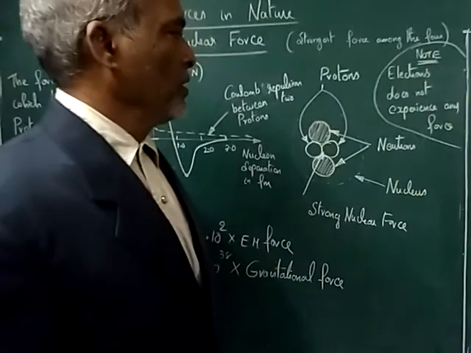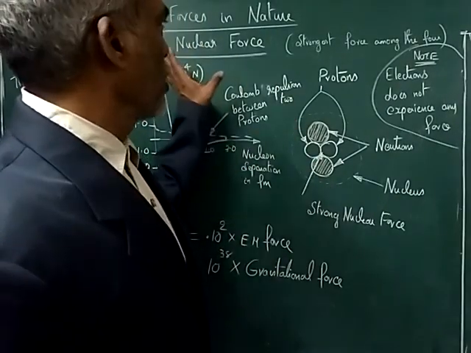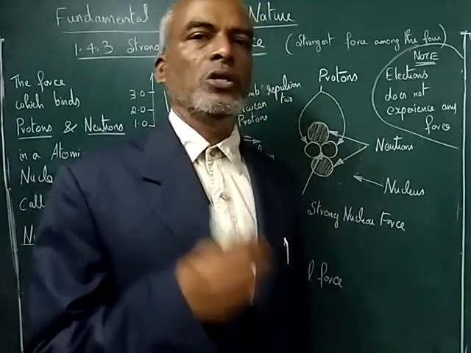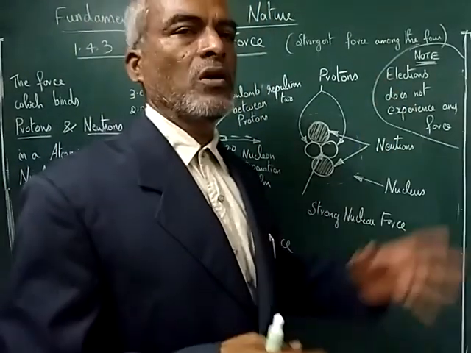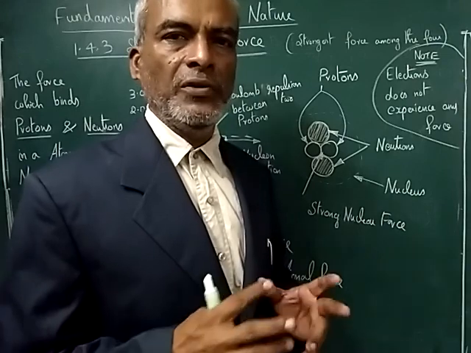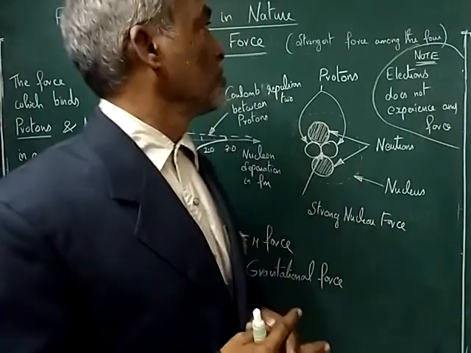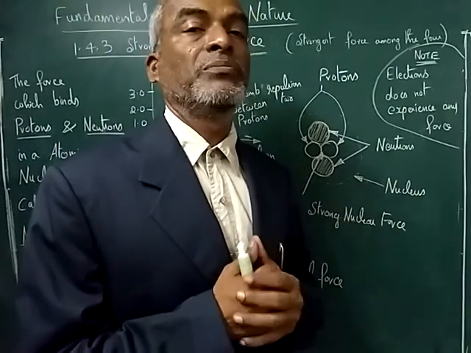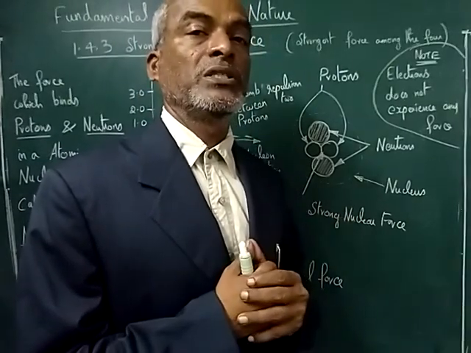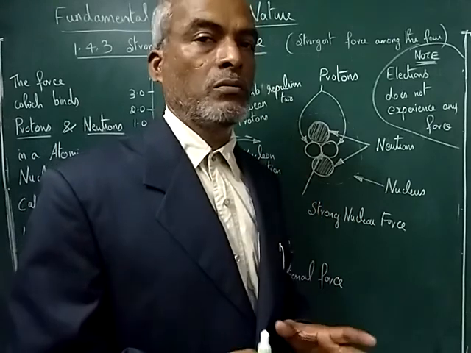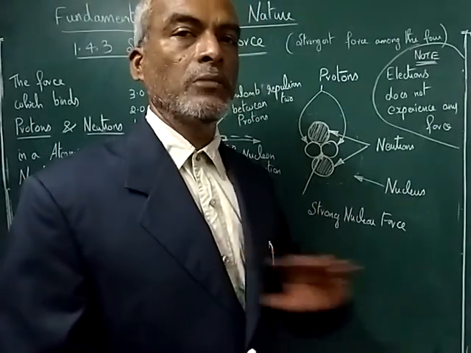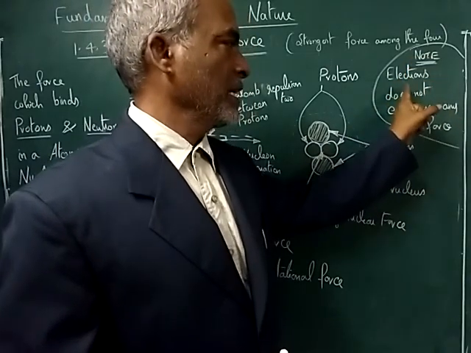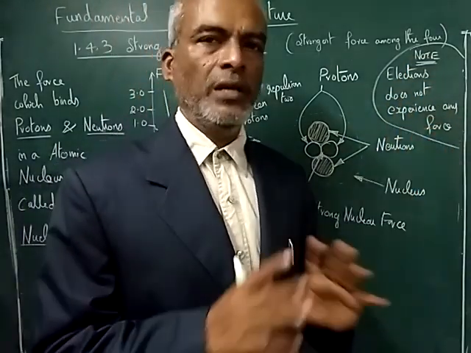Whenever we deal with the strong nuclear force, note that in the atomic structure we have electrons also. These electrons will not experience any force at all. The strong nuclear force is due to the attraction or repulsion between the nucleons alone. Electrons do not come into the picture. That is an important note: the electron does not experience any force.